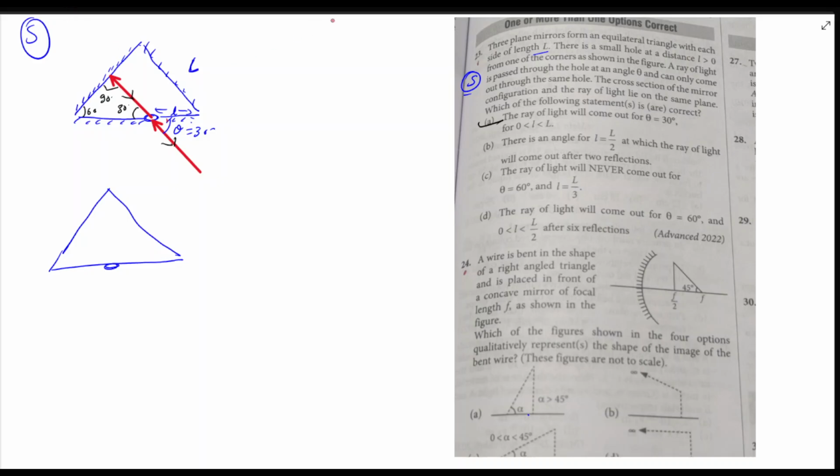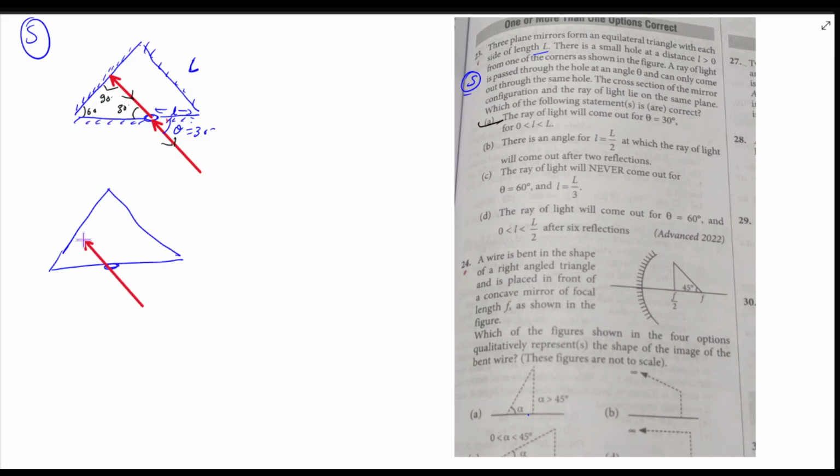Now the ray will be like this. For any angle, let's say the ray is going like this. If this angle is theta, this will be theta, this will be 60 degrees, so this angle will be 120 minus theta.